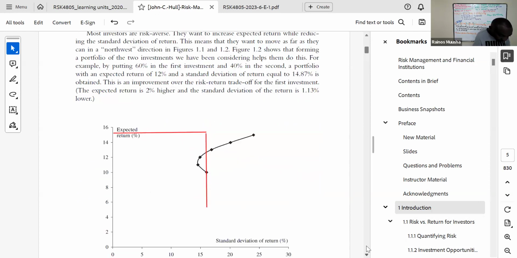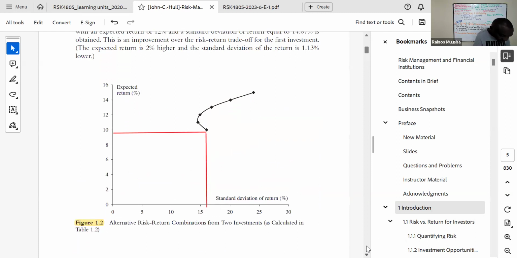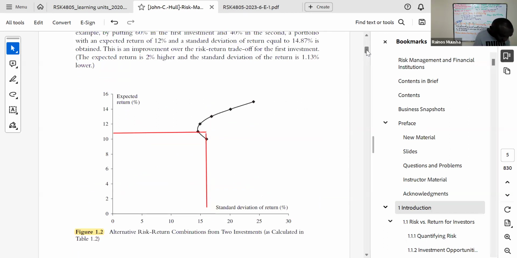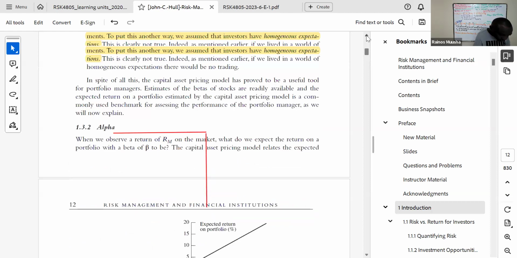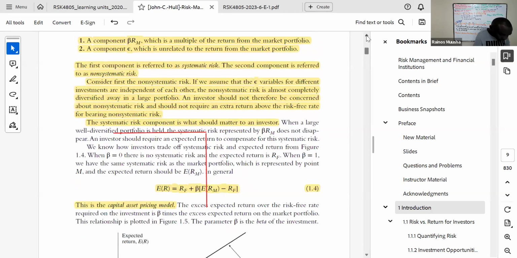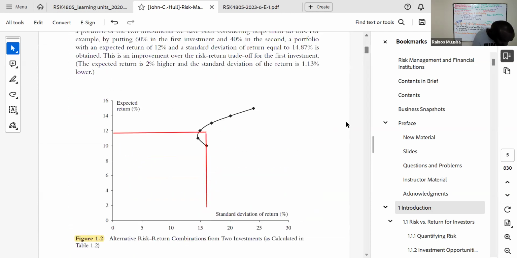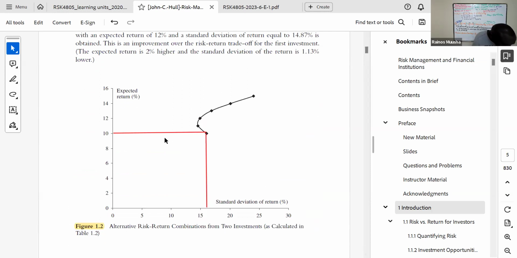So if you check here, we're also saying for a standard deviation of 14.54, which is somewhere close to here, the corresponding expected return they say is 11%, which is somewhere halfway. It's not that my graphs are not that accurate, but it's somewhere there.